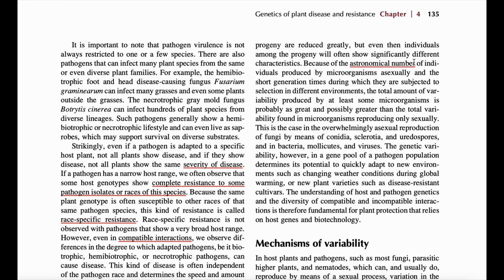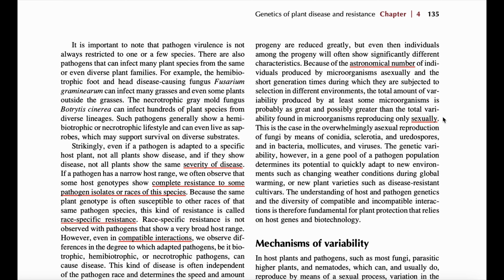It means a very large number of individuals produced by microorganisms asexually, and the short generation times during which they are subjected to selection in different environments, the total amount of variability produced by at least some organisms is probably as great and possibly greater than the total variability found in organisms produced only sexually. I hope this is totally clear, right?